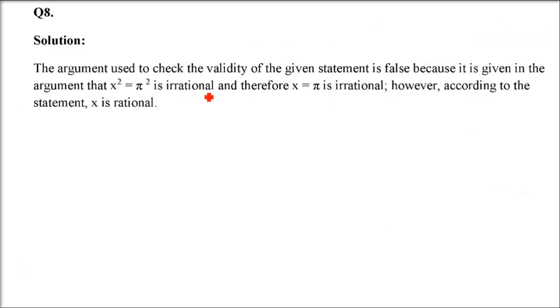Now next is, determine whether the argument used to check the validity of the following statement is correct. The statement is, if x square is irrational, then x is rational.